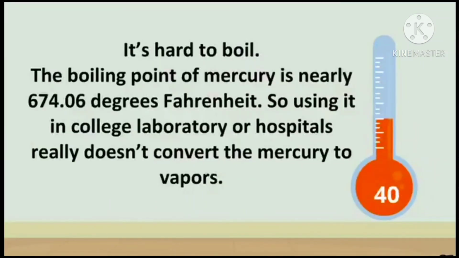It's hard to boil. The boiling point of mercury is nearly 674.06 degrees Fahrenheit. So, using it in the college laboratory or hospitals really does not convert the mercury into vapors.